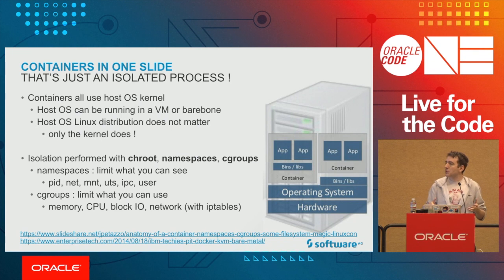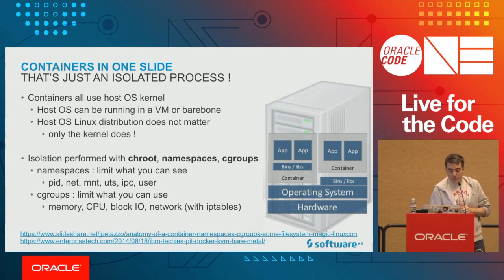This process would have its own hostname, its own network, its own volumes, file system. Also, this process would be limited thanks to cgroups. cgroups is the Linux feature that allows you to put constraints in terms of memory and CPU.